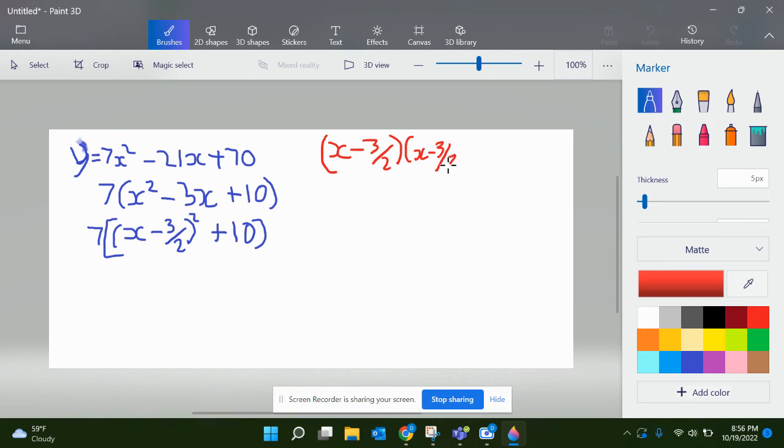Now, because this one has fractions, it's going to take you a little bit longer to multiply it out, okay? But it works the same way. So my first term is x squared, okay? My second term is minus 3 over 2 x.